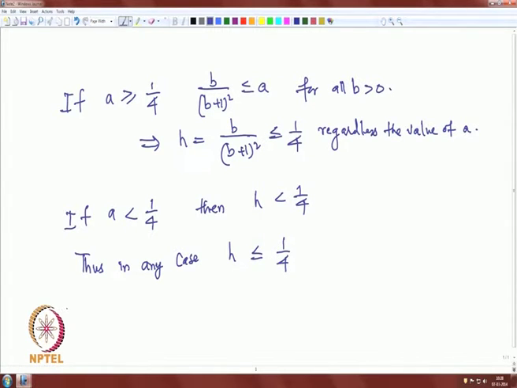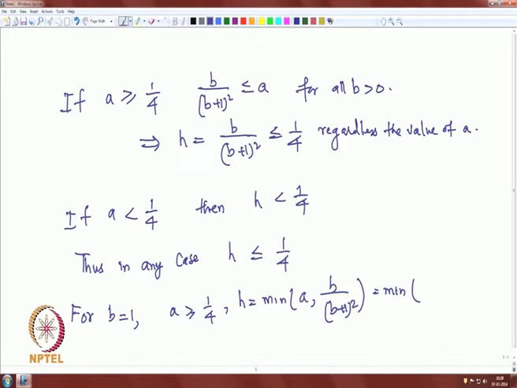So, that is now for b equal to 1, a greater than or equal to 1 by 4 gives h equal to the minimum of a, and b over (b + 1) squared, which is the minimum of a and 1 by 4, which is equal to 1 by 4.